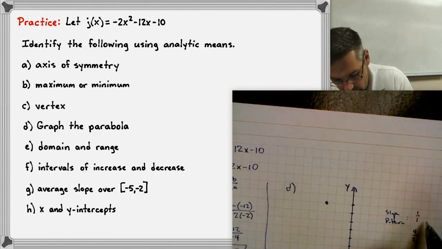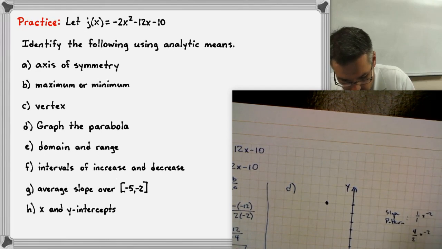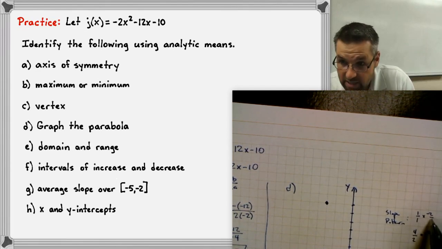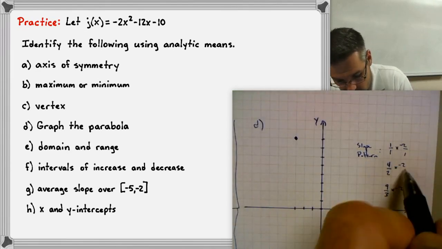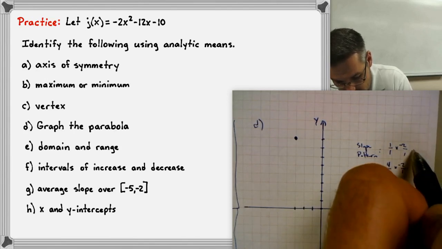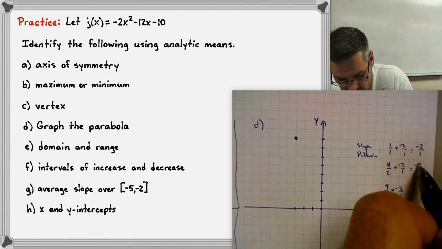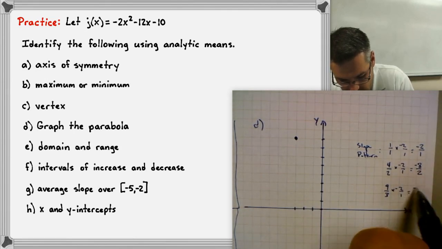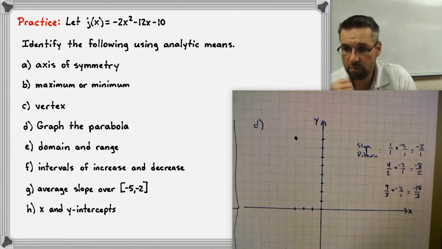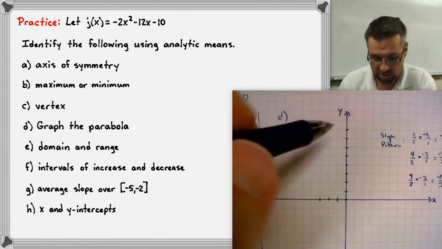So we're going to go ahead and multiply all of these by -2. So remember, when we multiply, it's -2 over 1. So we can get fractions. And we end up with -2 over 1, -8 over 2, and -18 over 3. And so that's the slopes that we follow.